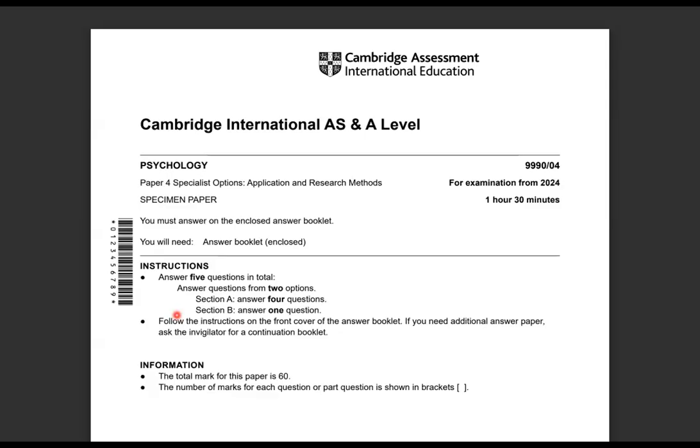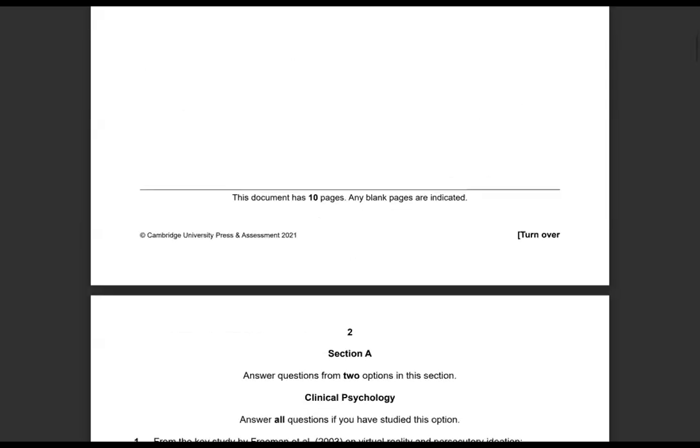But in section A, you have to attempt 2 that you studied for. Now we'll take a look at the breakup of these questions, how many marks they're for, and I'll also explain to you how this is different from the previous paper 4 from the old syllabus, the old format.